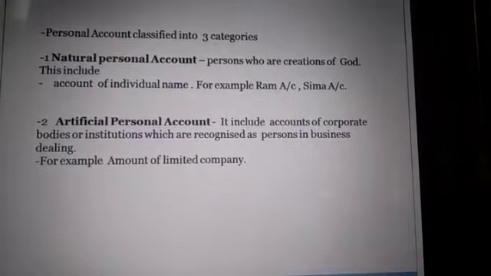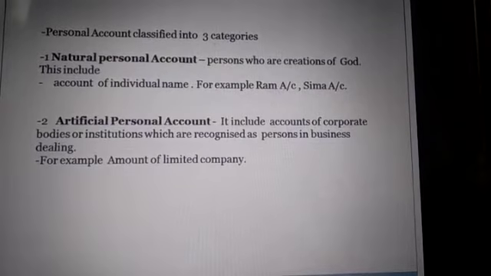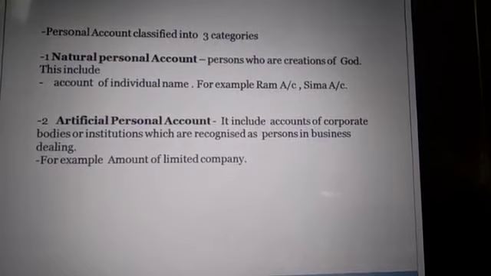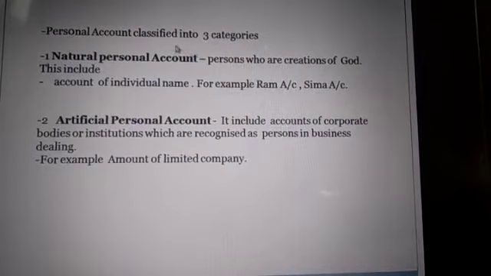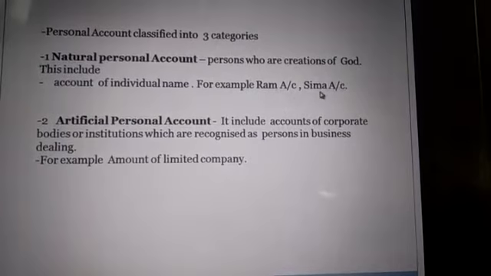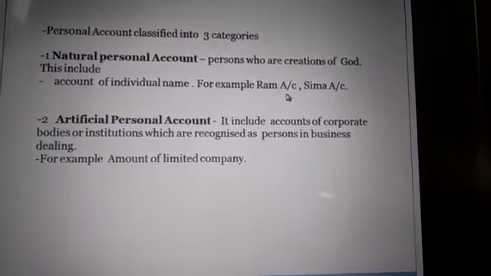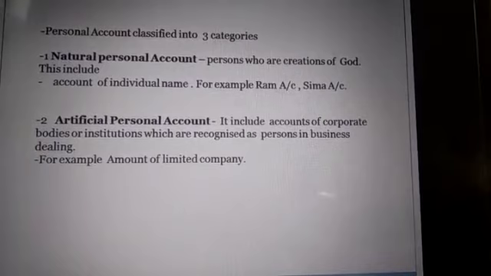Natural person accounts are of those persons who are the creation of God, meaning those who are created by God will come under this category. For example, see here, Ram account, Seema account, that are creations of God. So they are natural persons.